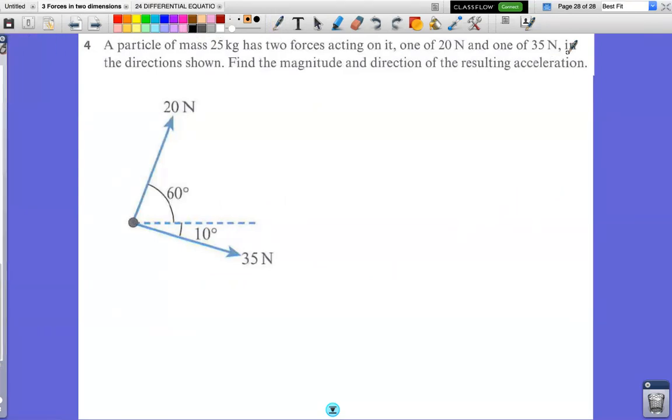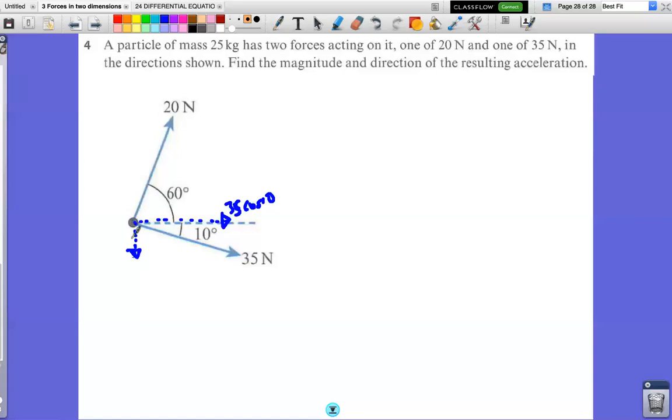And I will solve it just like Anna does. Anna does sketches. This force, 35, will have a horizontal component, which is 35 cos 10. It will have a vertical component.